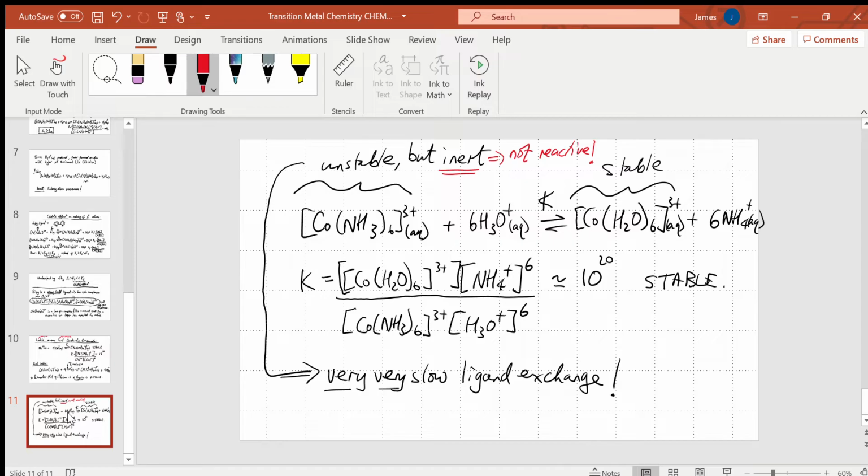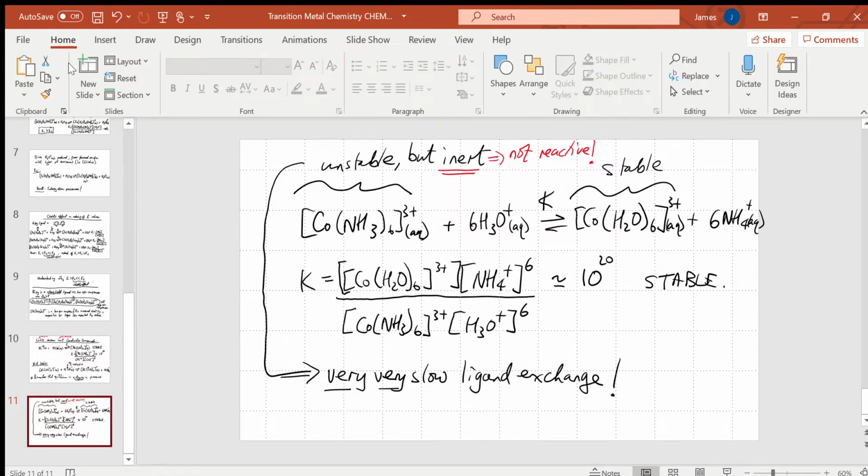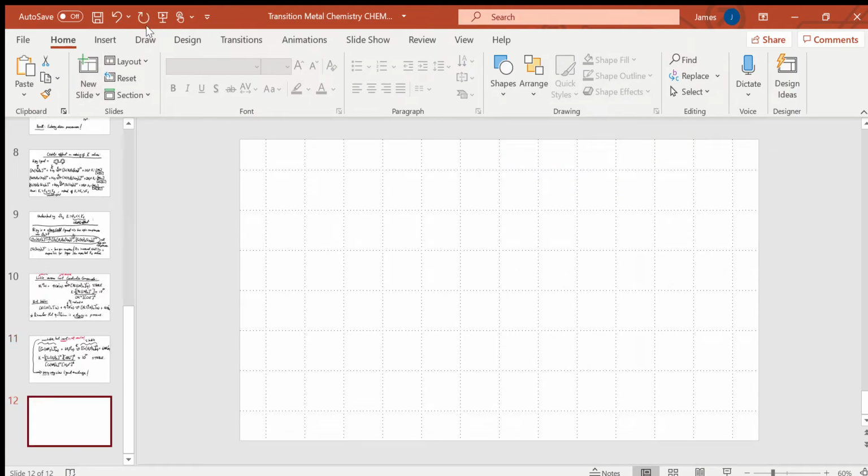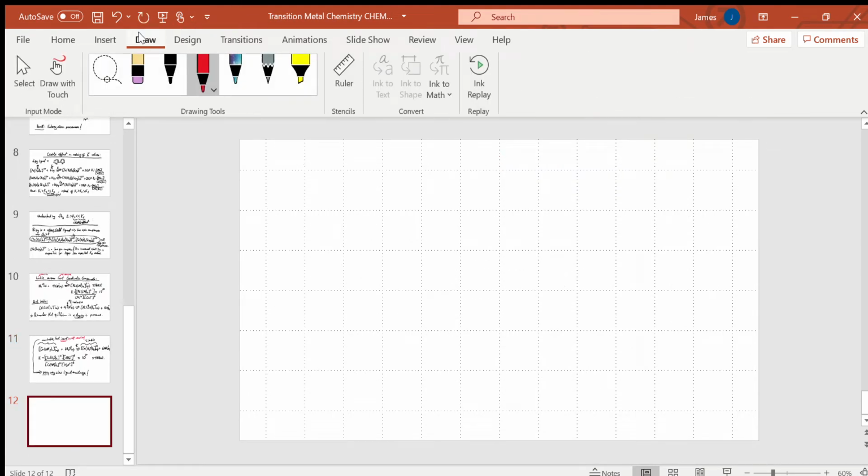Next thing I want to look at, so let's get a new slide. Next thing I would like to look at is, what would I even call this? I want to go back and continue looking at stability constants. So I guess we'll call this, actually, do I want to look at that now?